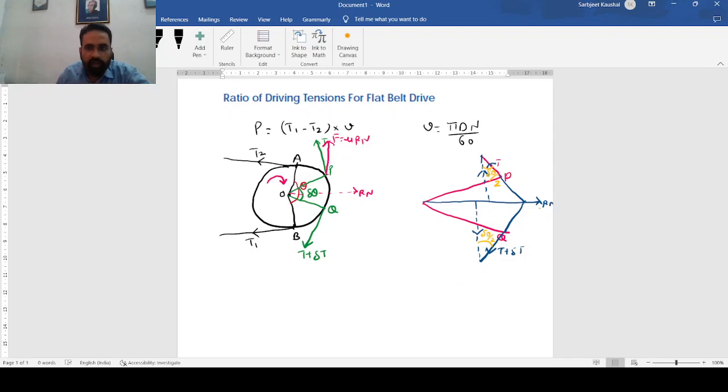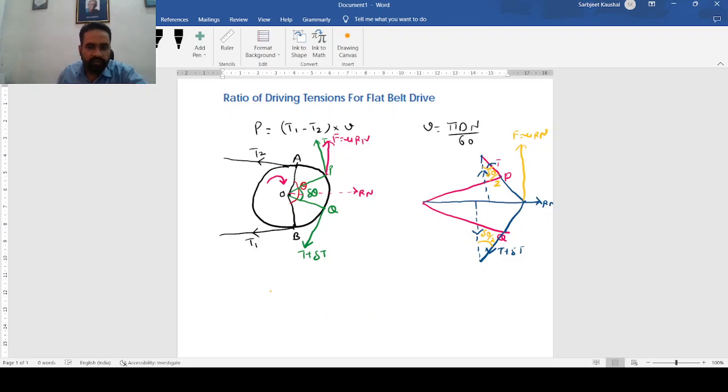Now, firstly, here one more force, that is the frictional force, F equal to mu R N. Now, as we know, the algebraic sum of forces in horizontal and vertical direction will be zero.